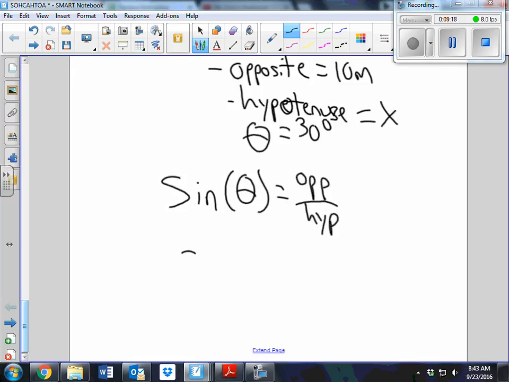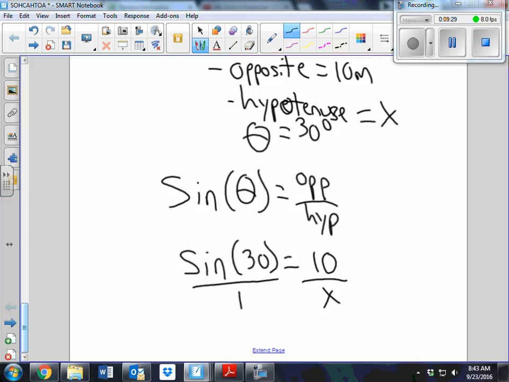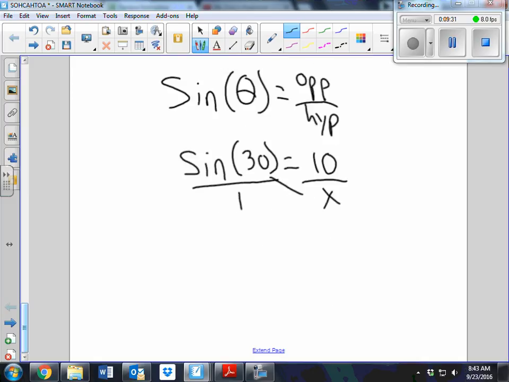So I plug in, and I get sine of 30 equals 10 over x, and at this point we cross multiply. When we cross multiply, I get sine of 30 times x equals 10.